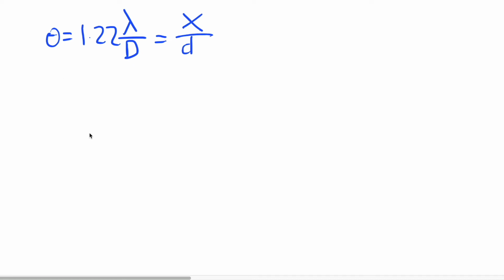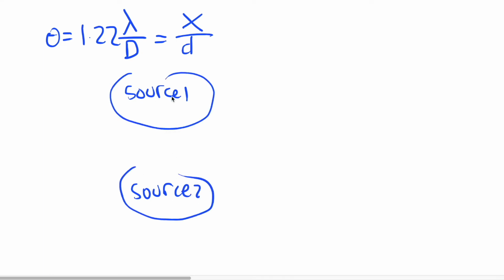For circular diffraction, the Rayleigh criterion applies when there are two light sources. So this is source 1, and this is source 2, and both of them emit light.